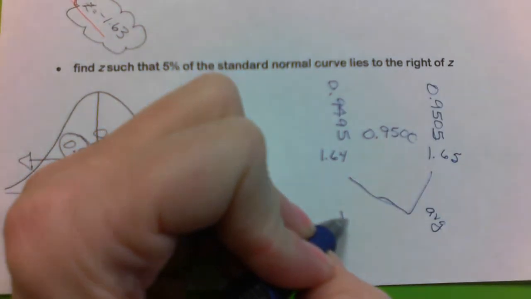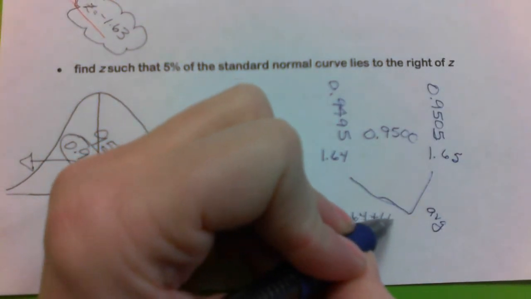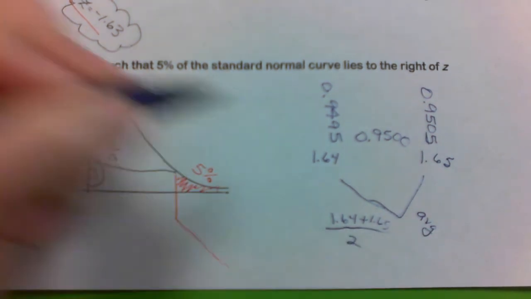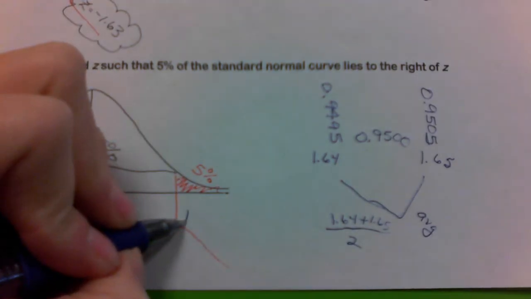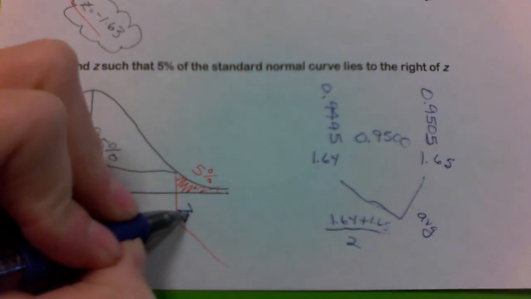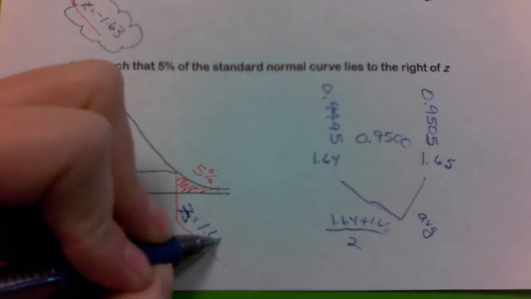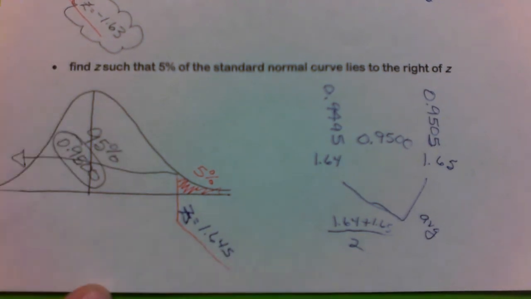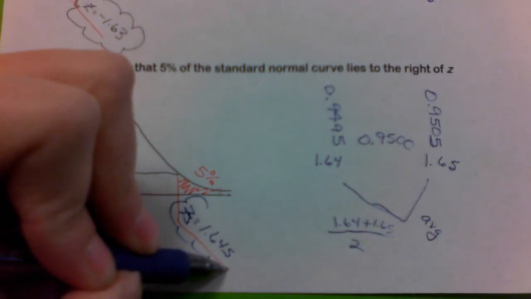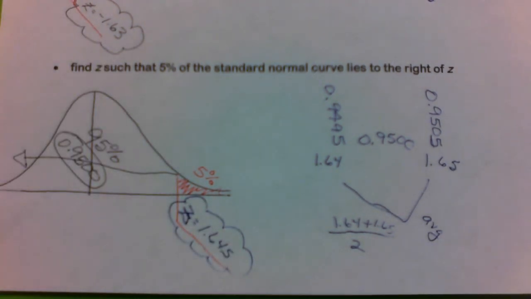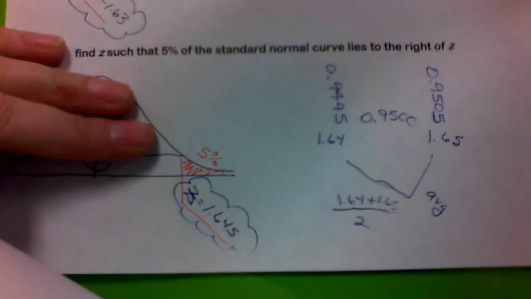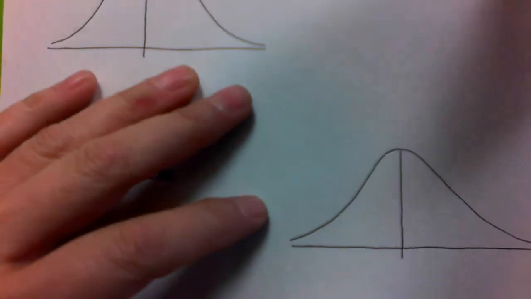So I'm going to add 1.64 plus 1.65 and divide by 2, and what I get is that my z is 1.645. Z equals 1.645. Now, this is one of the very few times that you'll get a z value that is 3 decimal places. But your z in this case would be 1.645. All right, let's look at another scenario that will occur.